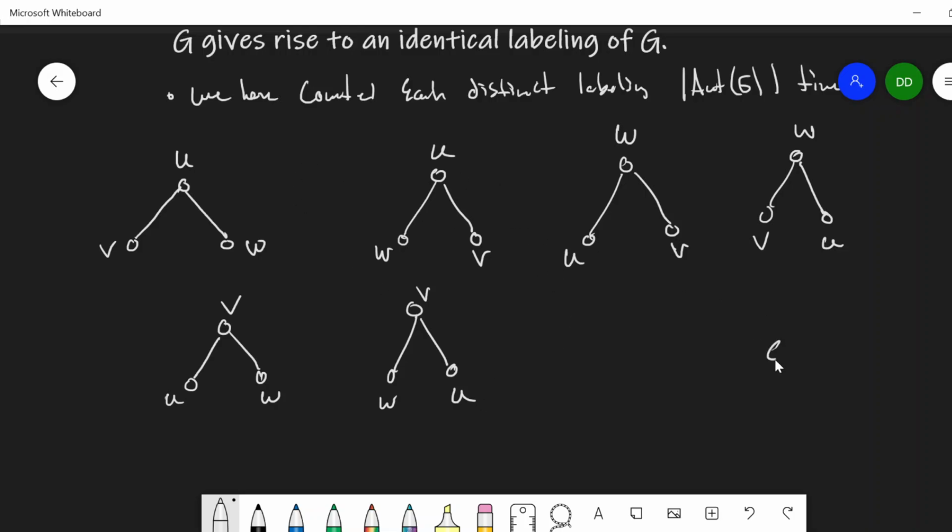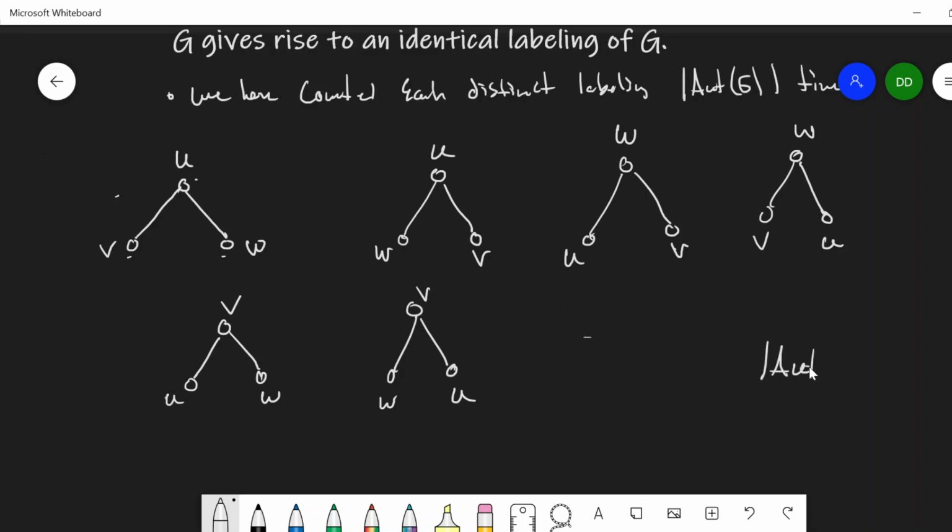And remember, we have the identity automorphism and we have the automorphism that swaps V and W. Anyway, so we have the automorphism that swaps these 2 vertices down here and keeps this one of degree 2 fixed. So the automorphism group here was Z2.